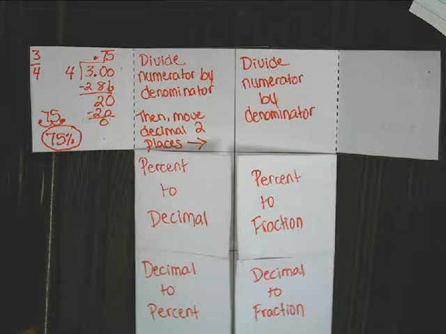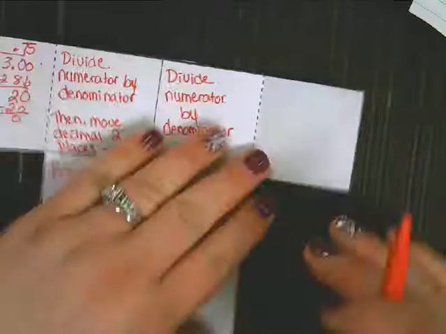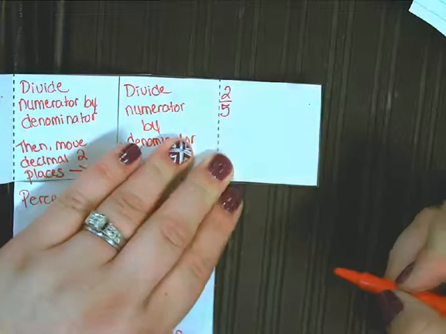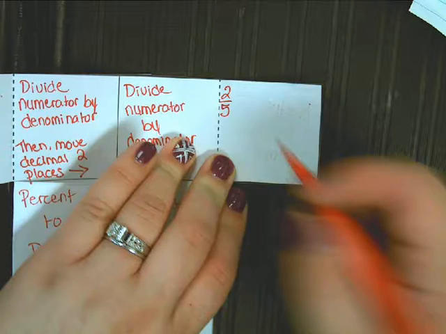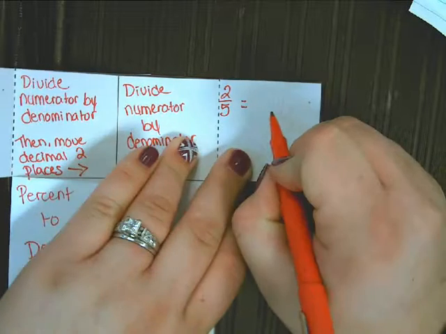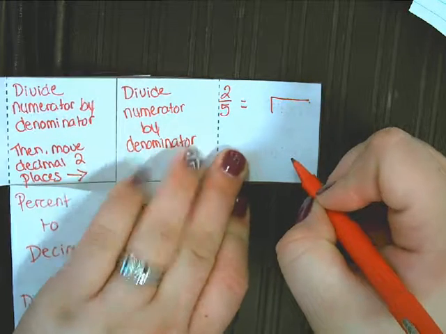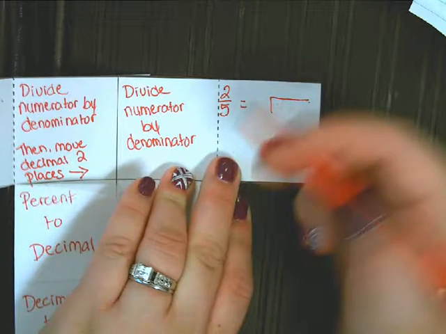Alright, so let's look at an example for that. So let's say I have the fraction 2/5, and I want it as a decimal. So Carter, you're going to do this one. Okay. What number is going in the inside? You want your numerator first. 2. So 2 is going in the inside, 5 on the outside.